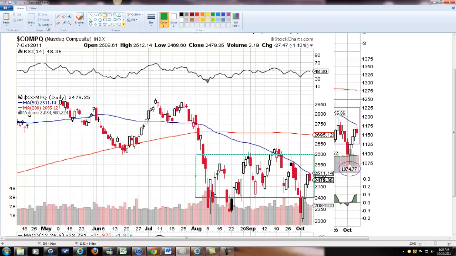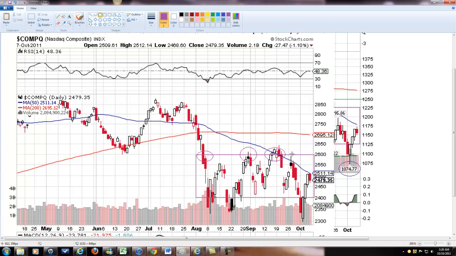Let me show some resistance here. I'm not sure if I covered that on the S&P chart here. Let's make them purple. So you can see that we've tested the break below 2,600, and then you can see we've tested it again here, cluster up in here, which we kind of thought would be a breakout.